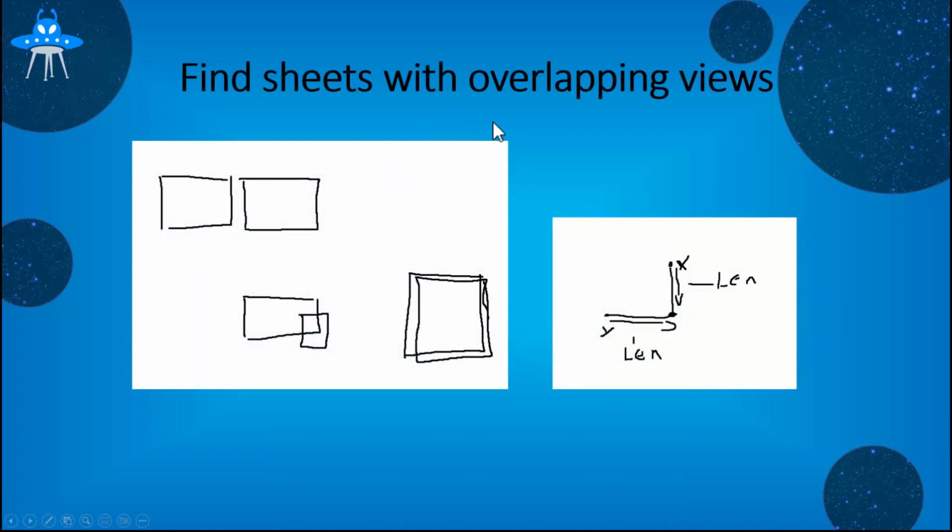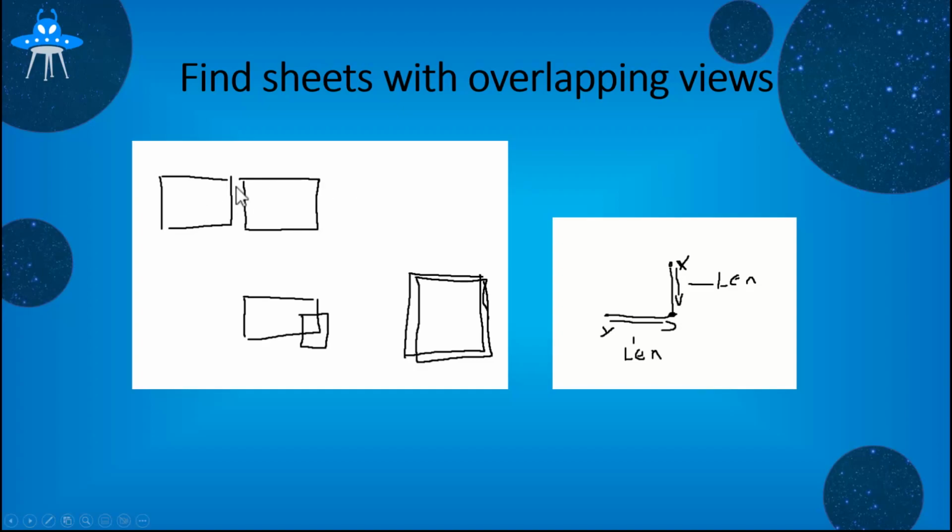So, finding the sheets that have overlapping viewports. The way I was thinking was, I want to identify which ones are overlapping. That's pretty easy because you can get the viewport's bounding box, the location of where that viewport is. And then from there, you can determine if they're overlapping.